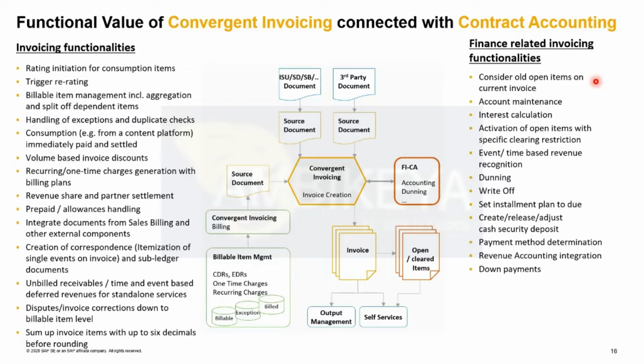We want to create immediately also the posting, the payment postings and all that stuff. And this is also an important aspect why convergent invoicing together with FICA can provide a huge benefit in that they play together.